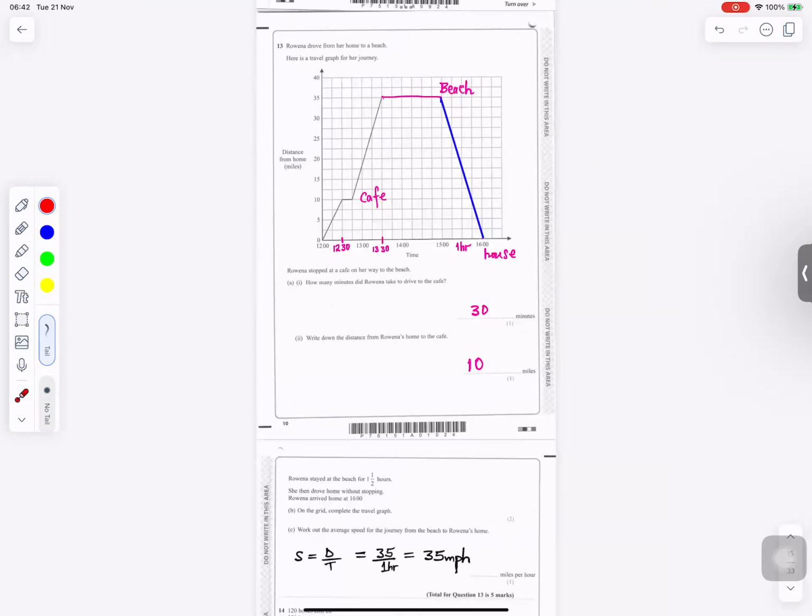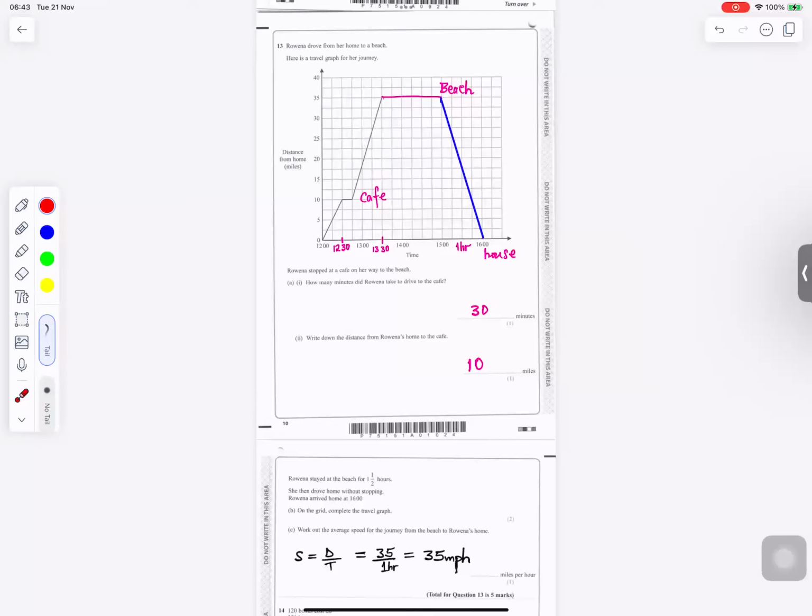And then the next part, on the grid, complete the travel graph. You can see there with the blue line.